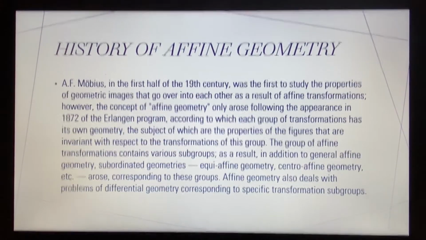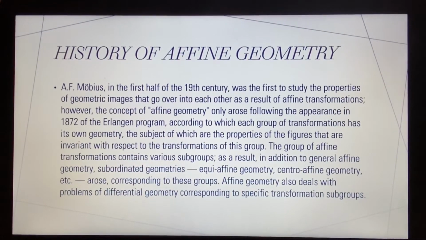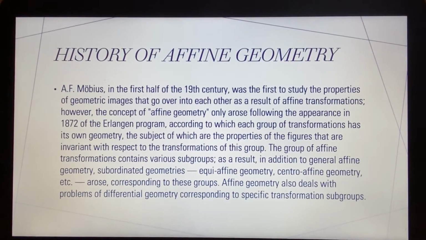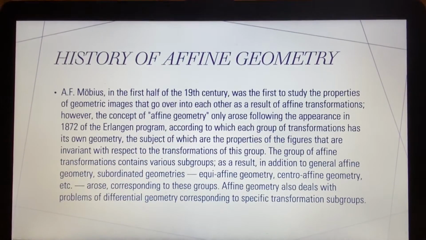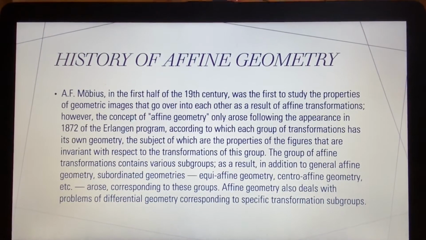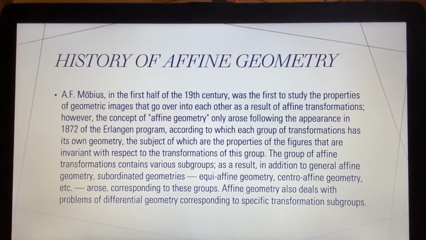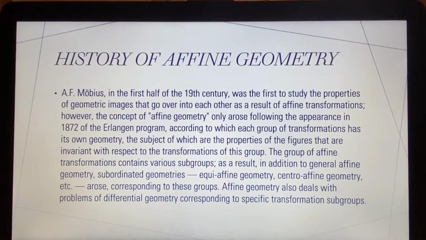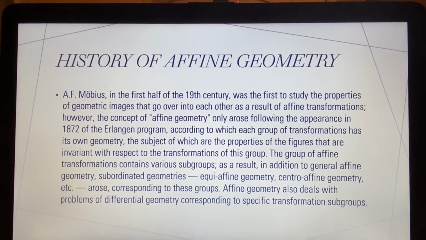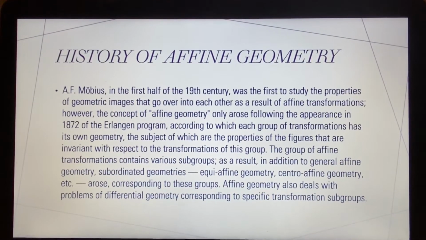However, the concept of affine geometry only arose following the appearance in 1872 of the Erlangen program, according to which each group of transformations has its own geometry, the subject of which are the properties of the figures that are invariant with respect to the transformations of this group.